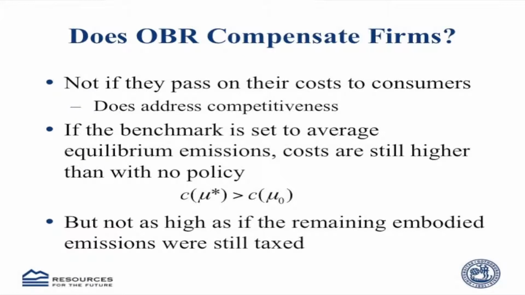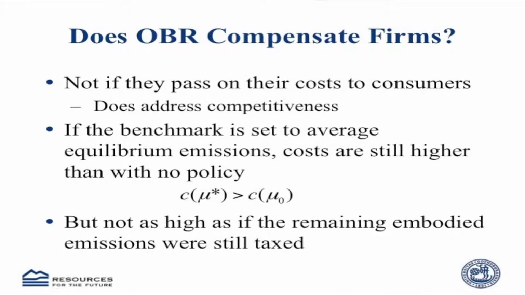Okay, so now, what else is happening here? If we set the benchmark to make the program revenue neutral, so that it's equal to the average equilibrium emissions, then we do have the embodied tax costs in the product offset.